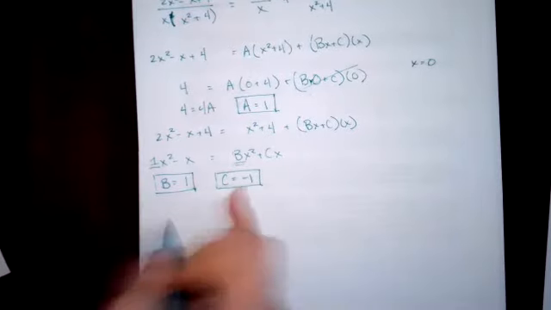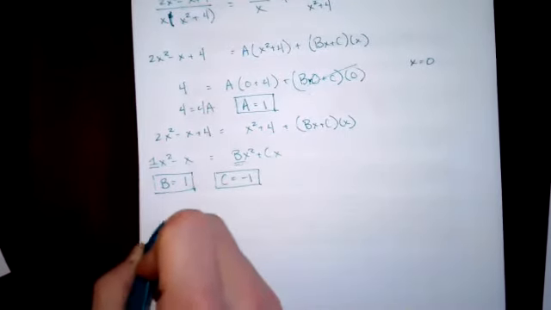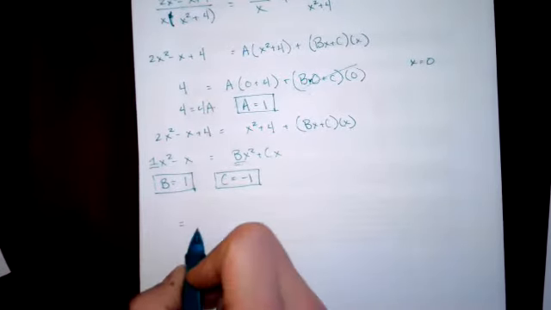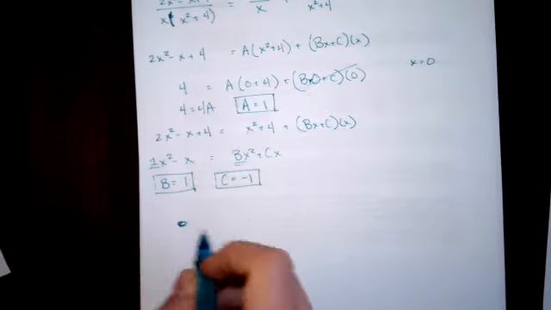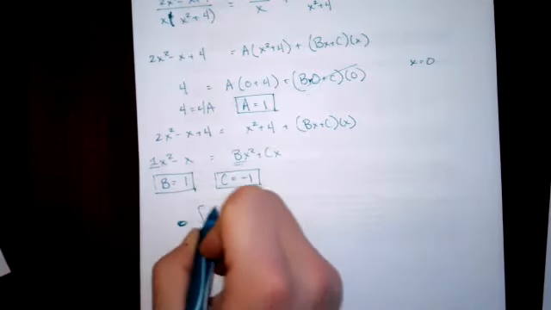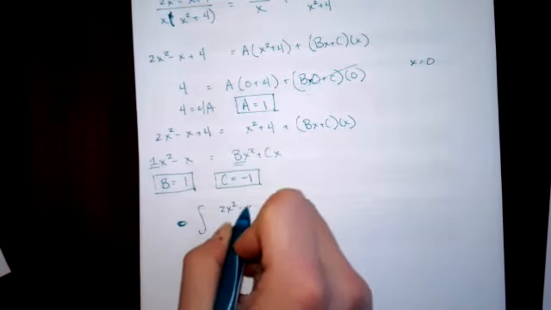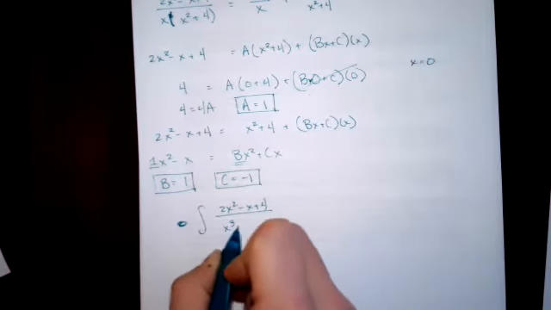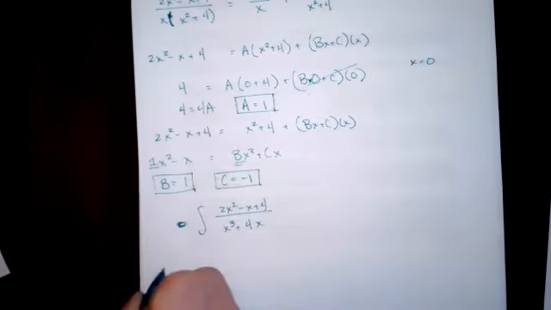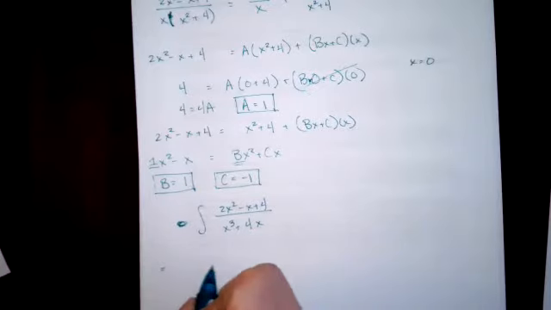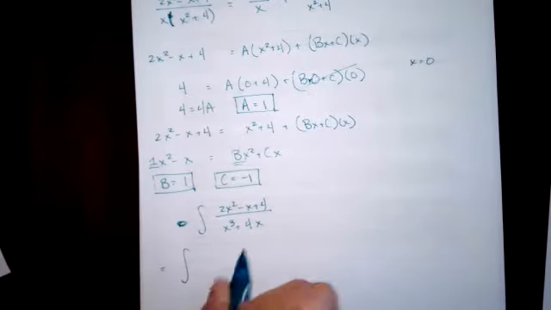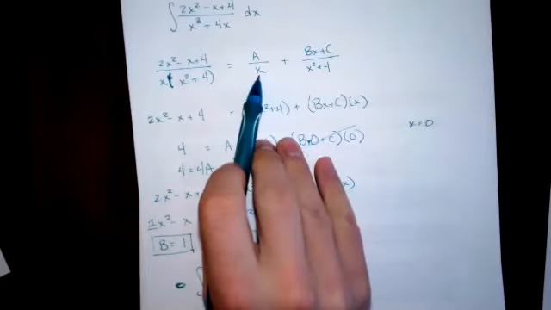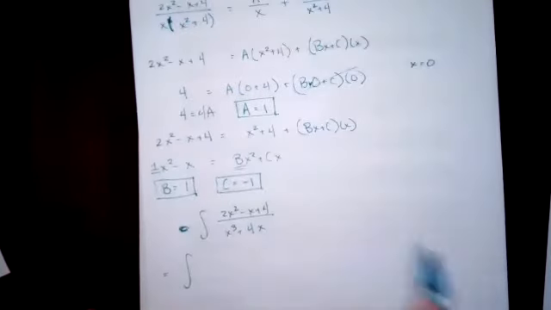And so now let's just go ahead and rewrite our original integral. What do we have? So we had the integral of 2x squared minus x plus 4 over x cubed plus 4x. And that is going to be equal to the integral of our a over x. So a was 1.